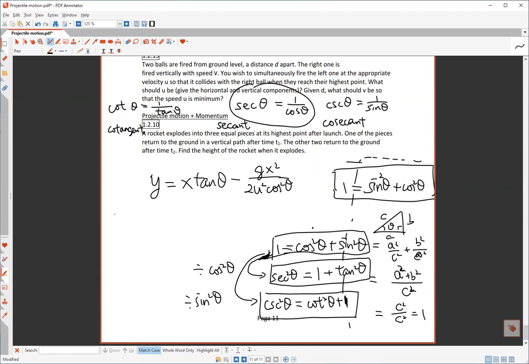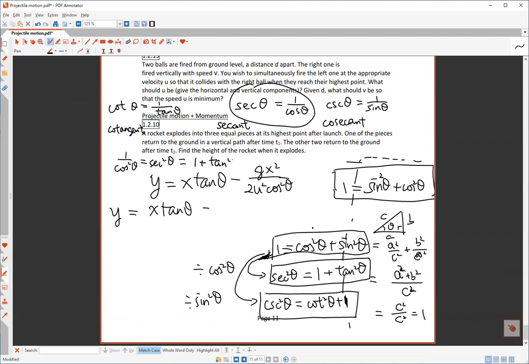So then we can simplify this, not simplify this equation. So we are making this equation more ugly. So 1 over cosine squared theta, that is secant squared theta.